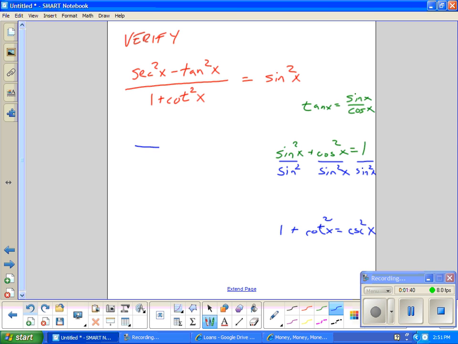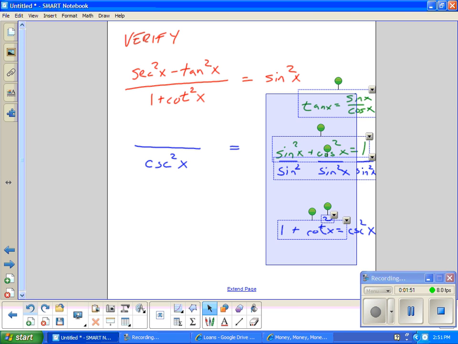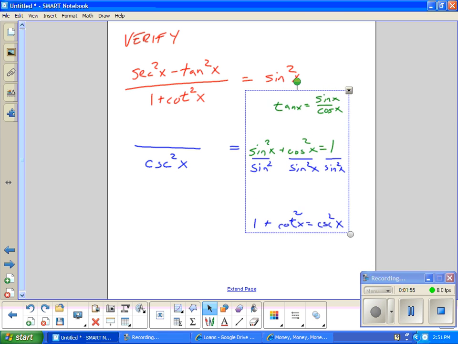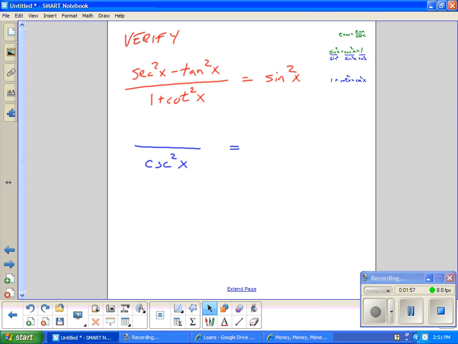So I'll do that first, and put in cosecant squared x. Alright, now I can hold this identity. I use those up, and I probably do those on the side or someplace. So now I'll put those away. Don't need that one anymore.